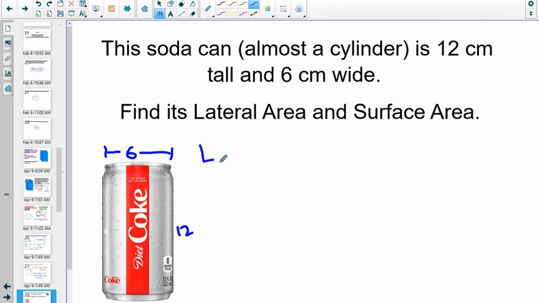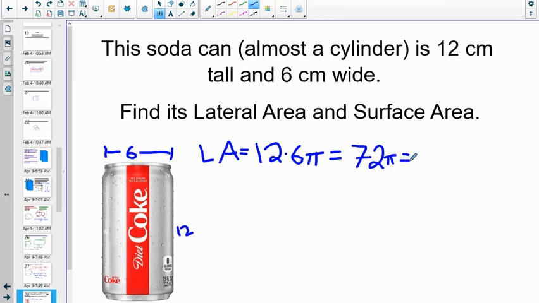My lateral area will be the height of the cylinder, 12 centimeters, times the circumference of the base. Diameter is 6, and so my circumference is 6 times pi. So I get about 72 pi. This is a case where an exact answer doesn't make a whole lot of sense because I've got measurements and I've got a real world problem.